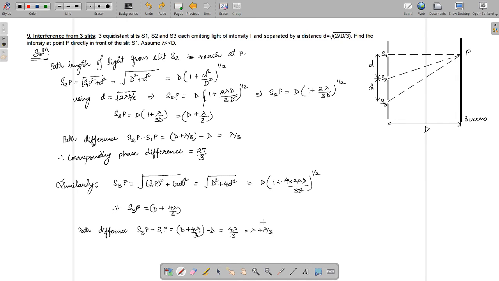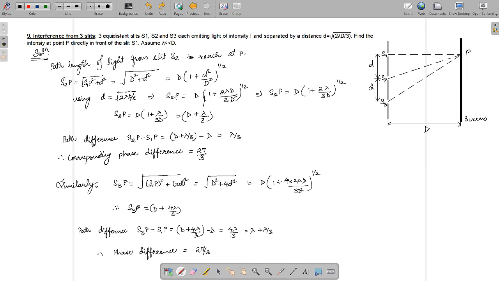A path difference of lambda gives us a phase difference of 2 pi, so the corresponding phase difference will again be 2 pi by 3. So the light coming from S3 to P will have a phase difference from S1 to P of 2 pi by 3, and so will the light coming from S2.